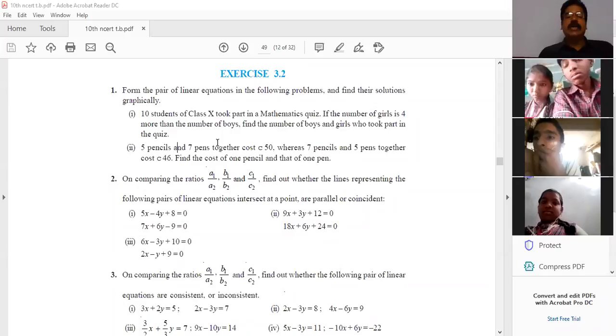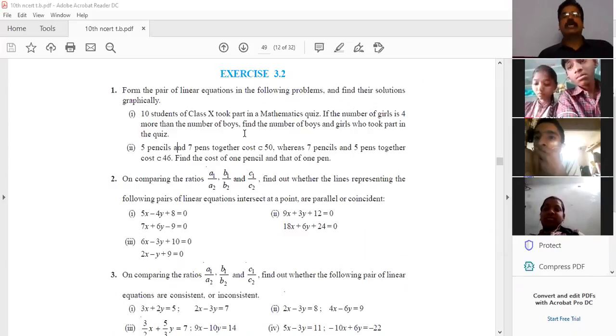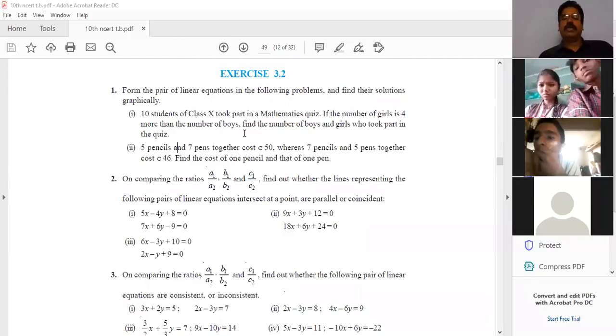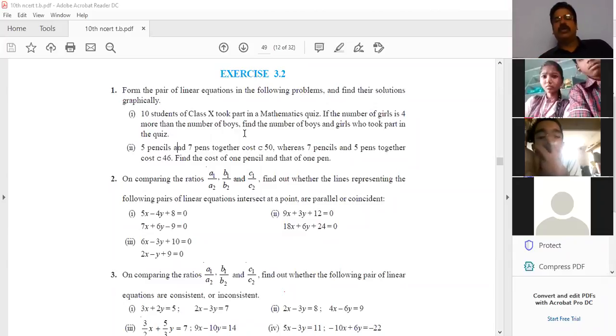Now second case: the number of girls is 4 more than the number of boys. Girls number is Y, so Y is equal to X plus 4.